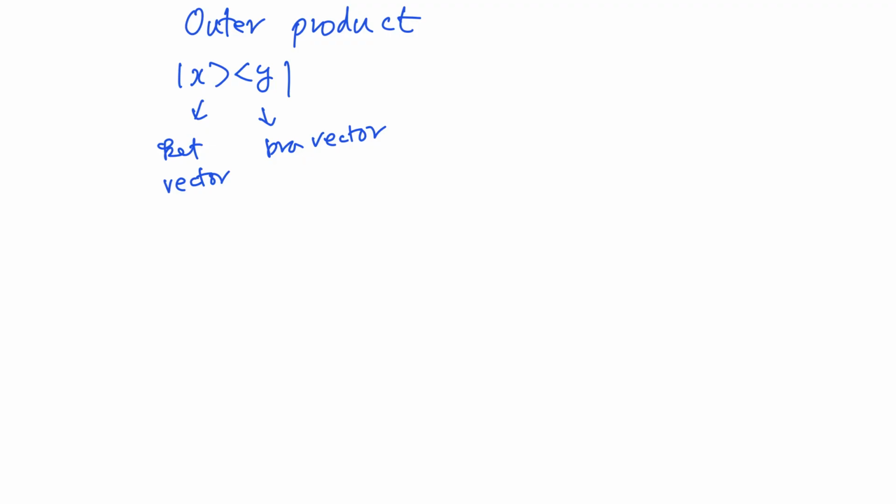The origin of the notation is actually from this symbol. In English, what do you call this? Bracket. This is called the bracket. What is this? Parenthesis. What is this?